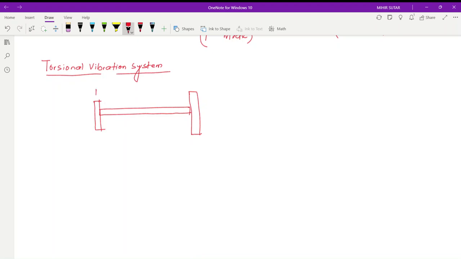Moment of inertia of the first disc is, let's say, J1. Moment of inertia of the second disc is J2. Torsional stiffness of the shaft is Kt. If you look at the side view, it will be like this.